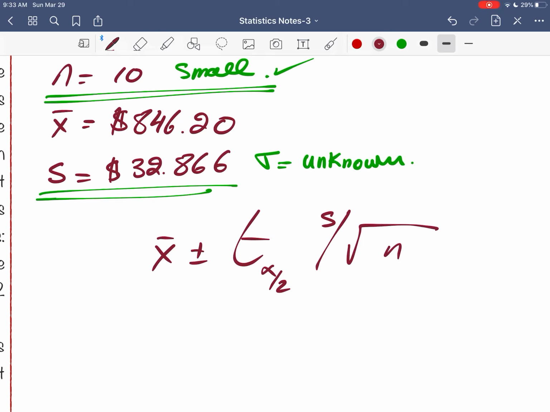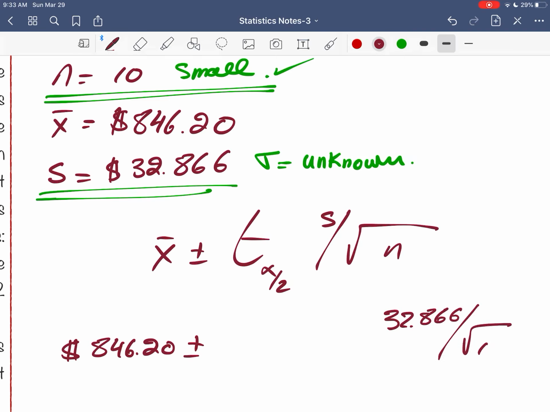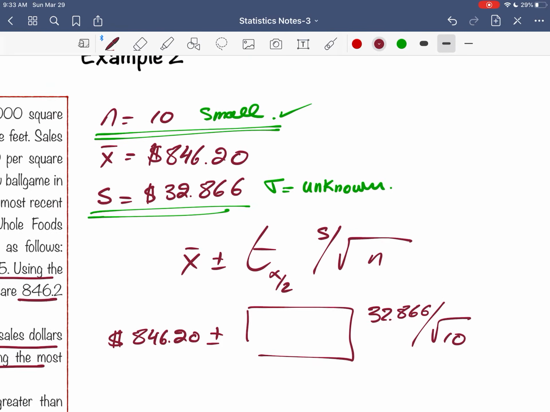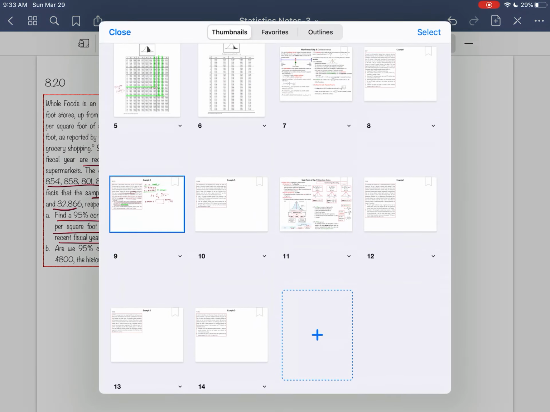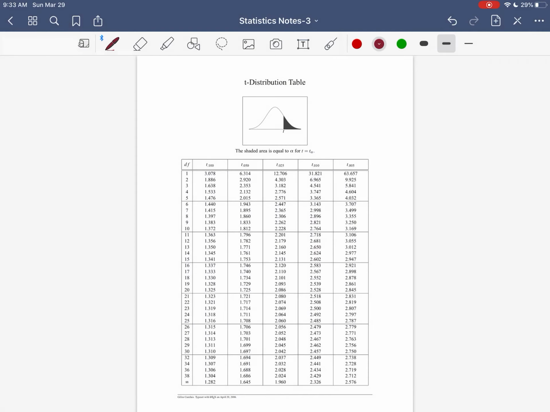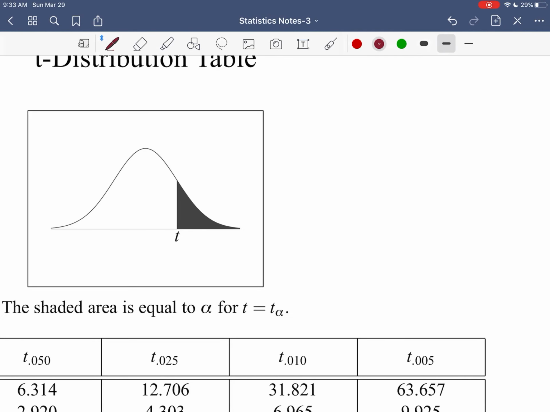So this is your equation. And so we need our standard normal number. So we flip over to the T table. I'll work on here for a second. So I know that alpha is equal to 5%, which means that alpha divided by 2 is equal to 2.5%.